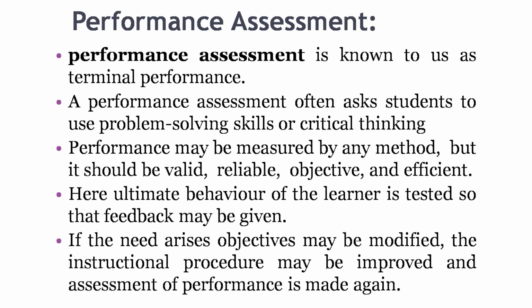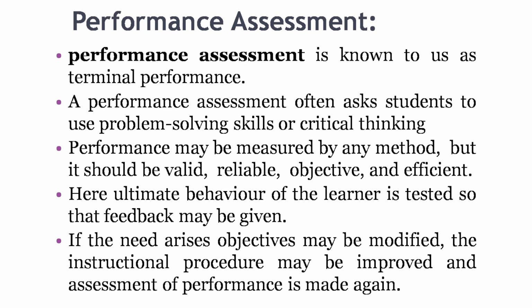In this step, performance may be measured by any method, but the method should be valid, reliable, objective, and efficient. Here, the ultimate behavior of the learner is tested so that feedback may be given.